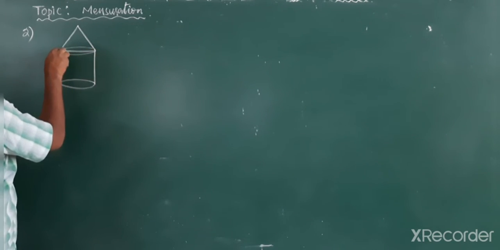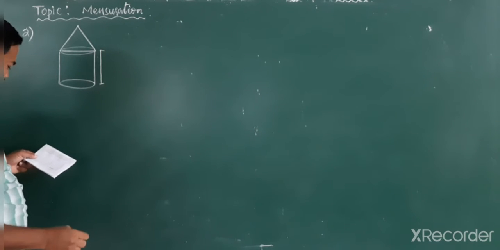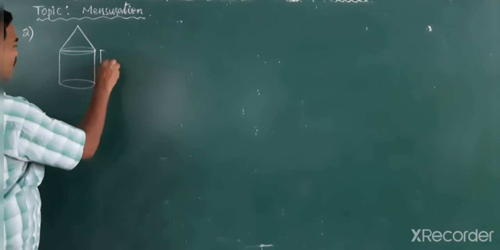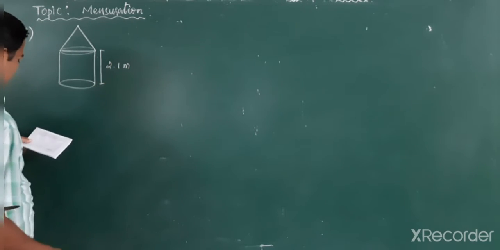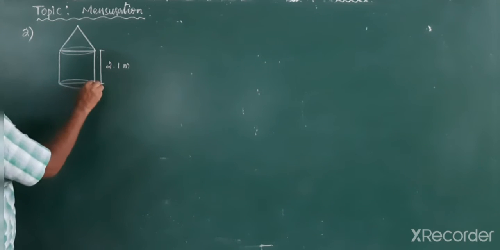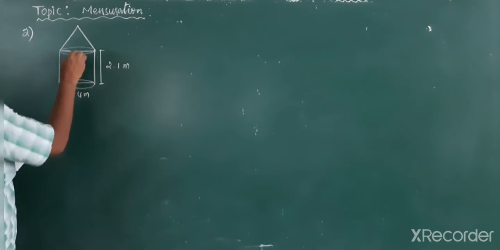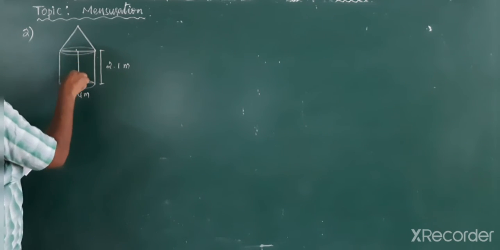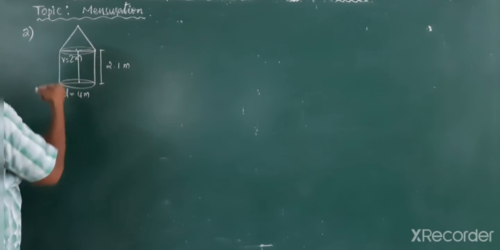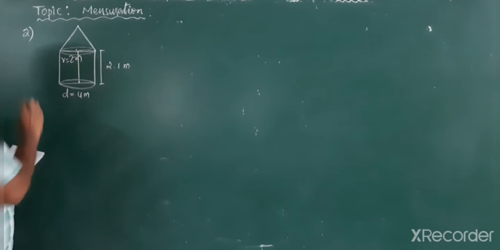Here the height of the cylindrical tent is 2.1 meters and the diameter is 4 meters. D is equal to 4 meters, so R is equal to 2 meters. R is the common radius of the cylinder and cone.